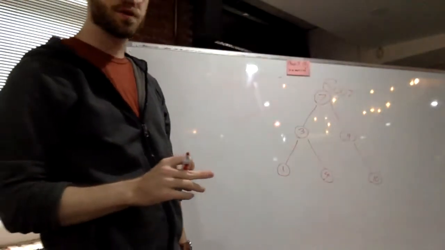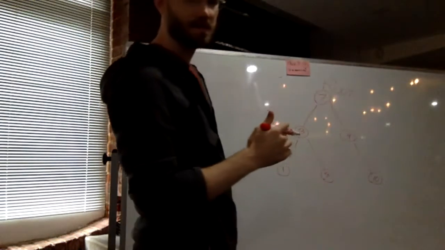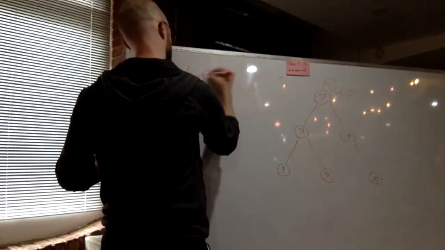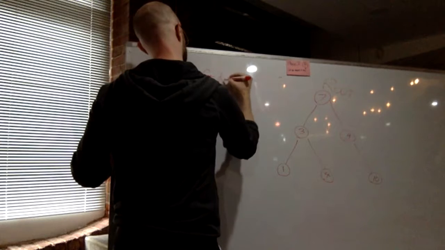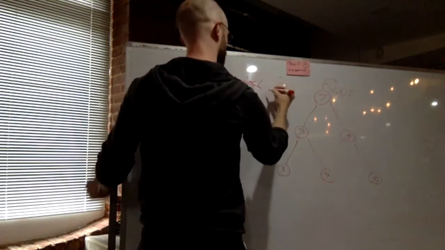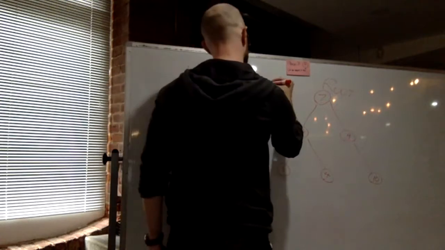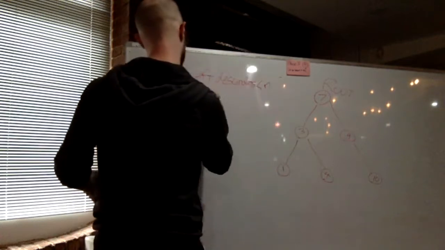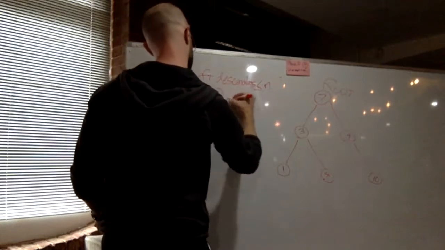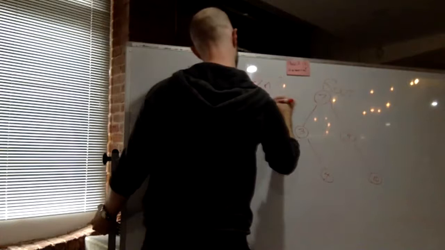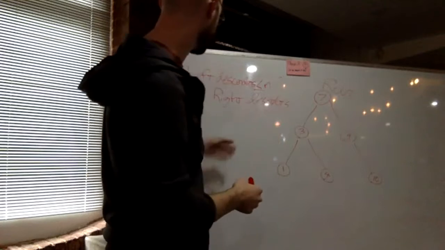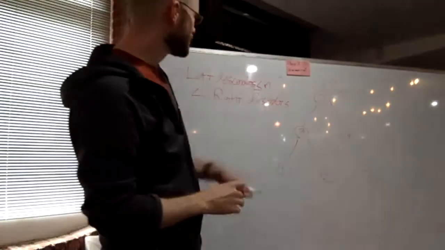The technical definition of a binary search tree is that all left descendants are less than or equal to the node in question, which is less than all the right descendants. I don't think that's actually a word, but we'll go with it. Right descendants.